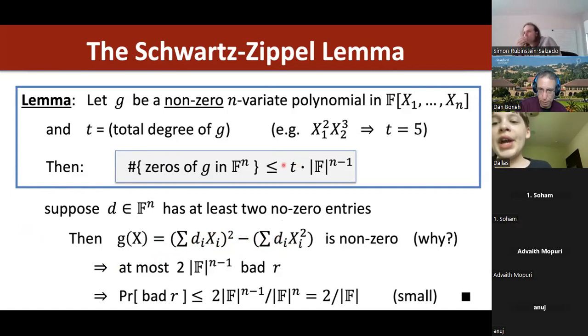And so the theorem tells us that the number of zeros is at most 2 times f to the n minus 1. So there are at most 2 times f to the n minus 1 bad vectors R. And that's great because there are a total of f to the n vectors overall. So the probability of choosing a bad vector is very, very small.